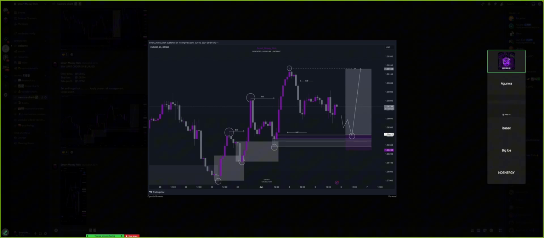So anybody that bought here, once price goes high, they then tend to do what? Start taking profit. Once they start taking profit, it will then send price back to where the uptrend started from. And once the market gets to that level, it will do what? The buyers will step in again. The buyers will step in to push price up.